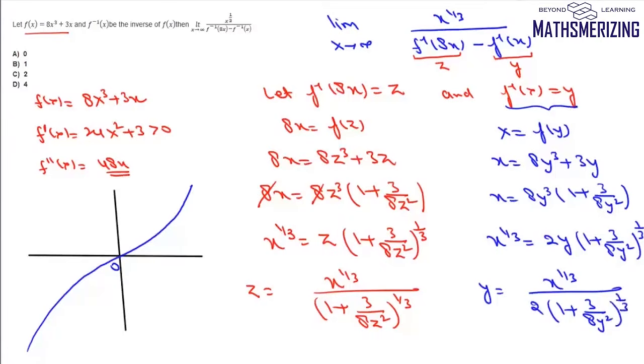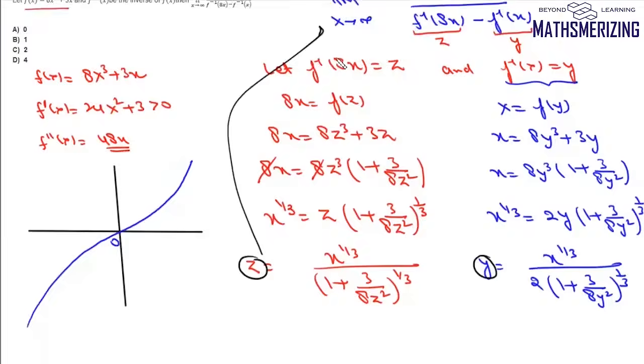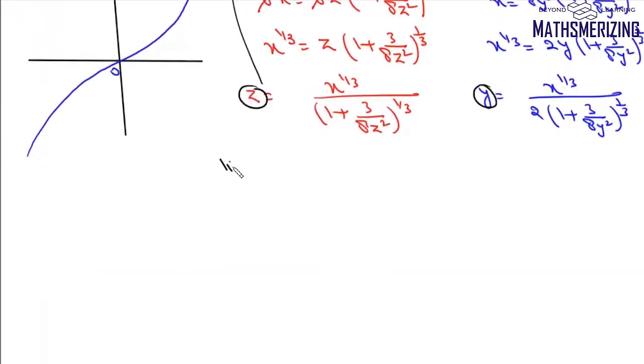Now what we'll do is we'll put the value of z and y in this limit. Now we can write this limit as limit x tends to infinite x to the power 1 by 3 upon z minus y.